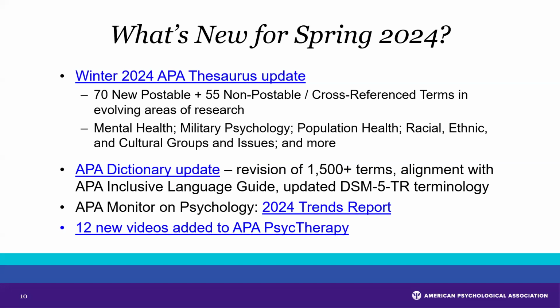Okay, so yes, as Catherine said, a few more things that are new in APA publishing that aren't directly related to the PsycInfo research services. We've added some new APA thesaurus terms.